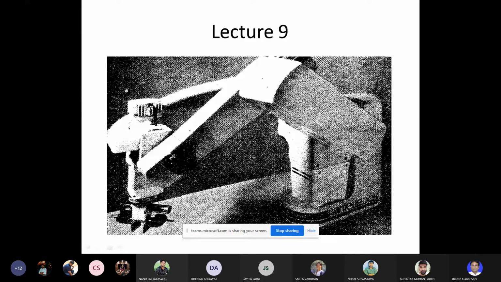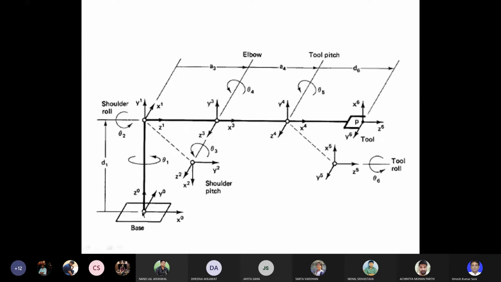So here you have the base, with x0, y0, z0 coordinates, a variable length, and a vertical link which can be rotated at angle theta 1. Here at the same place there are two axes, that is shoulder angle and shoulder pitch. Here one joint is the elbow, and this is the tool pitch.